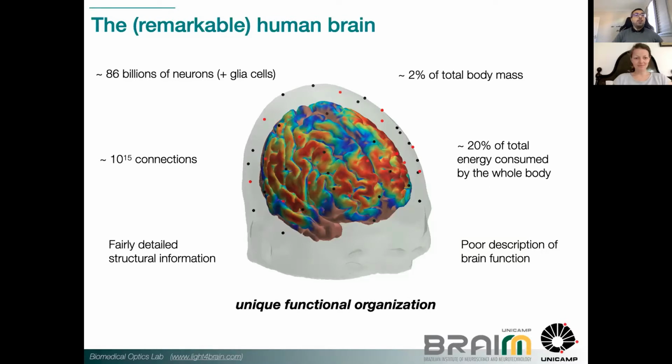So we know it's highly energy demanding, but we don't have as great an idea of brain function. One thing that we do know is the brain has a unique functional organization. And please keep that in mind, because I'll come back to this point along the whole talk, right?